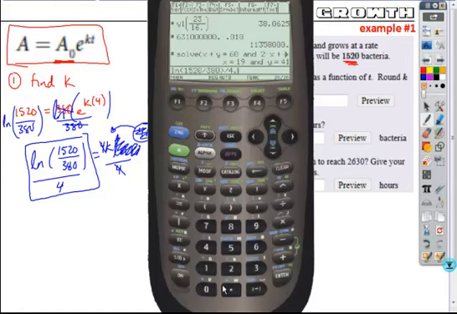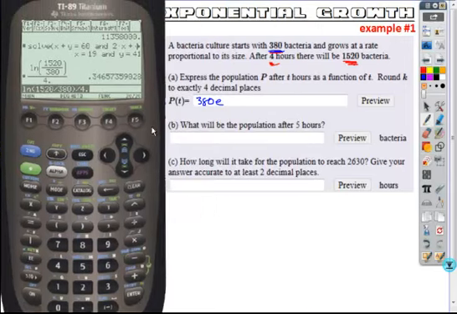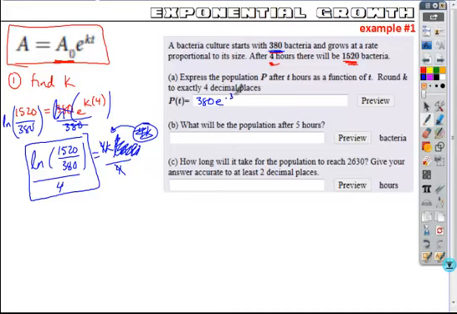I'll put a decimal in my entry so it displays as a decimal, and I get 0.3466. So there's my k value rounded to 4 decimal places, and then I have my t at the end. So this is my equation.